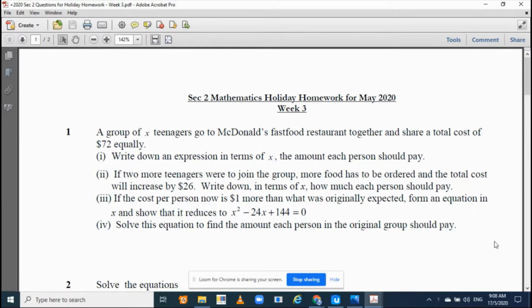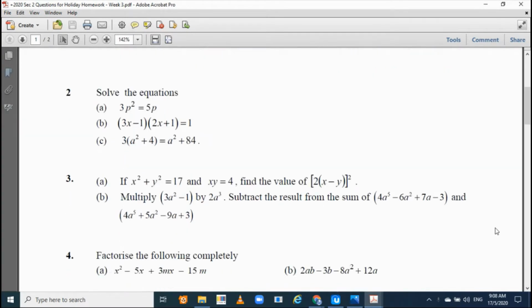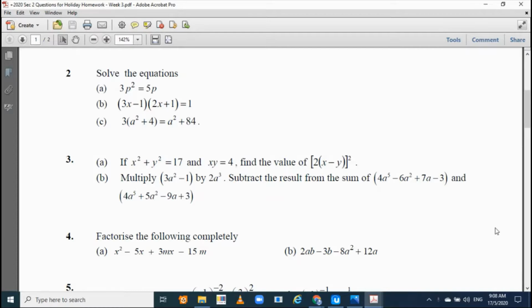Okay, this is the holiday homework for week 3, Sec 2. Question 1. Question 2, 3, 4.